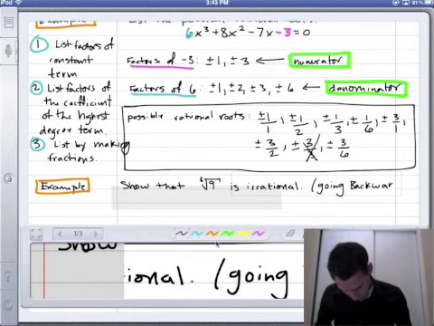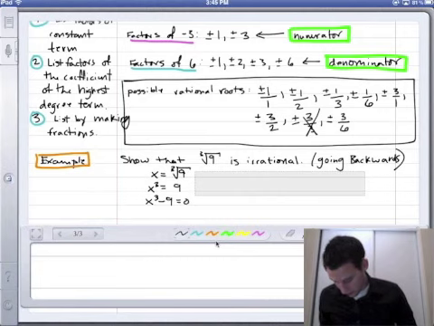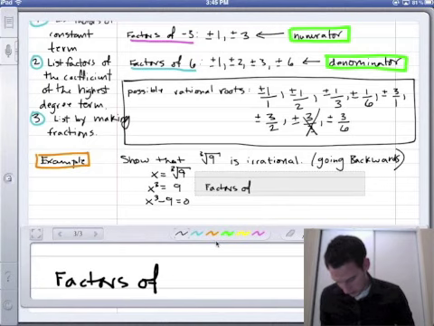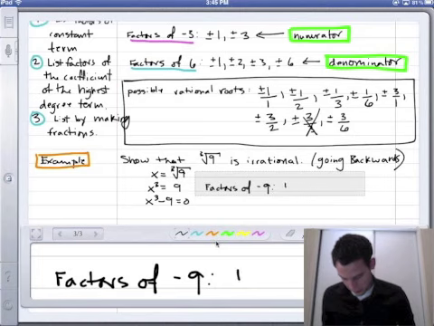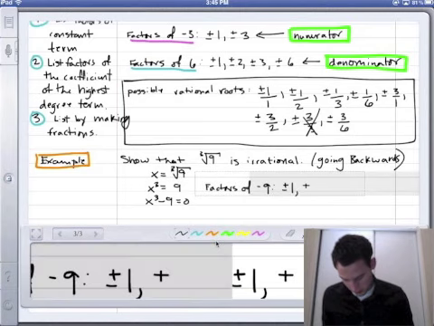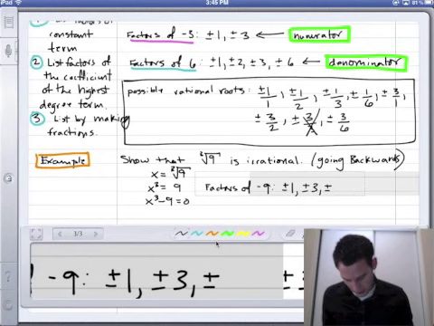So since we have a polynomial equation, we can do exactly what we did in example 16. So I'm going to write that down. Step 1, write down the factors of the constant term. So factors of negative 9. Those factors are plus or minus 1, plus or minus 3, plus or minus 9.